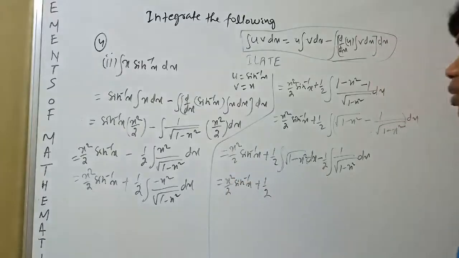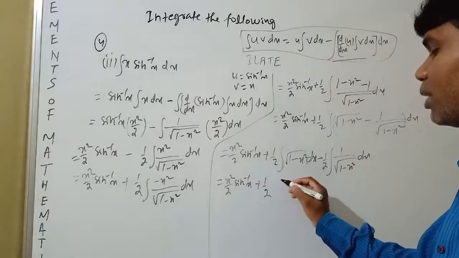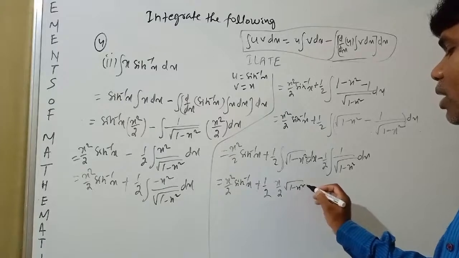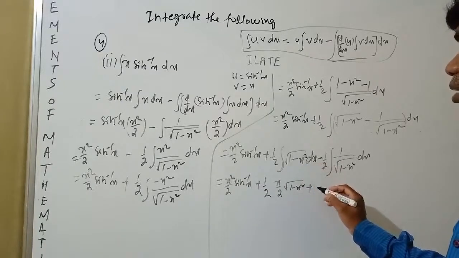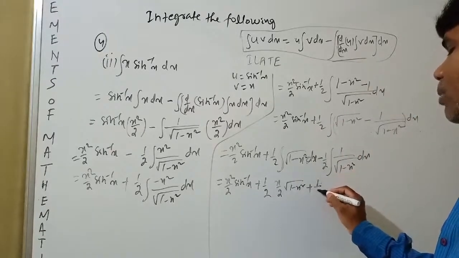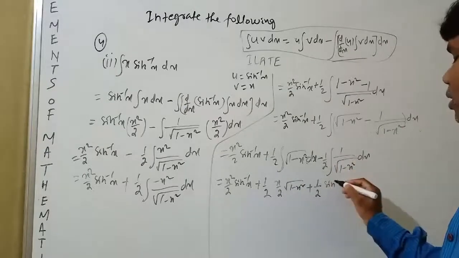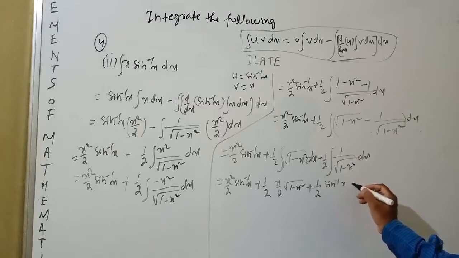The integration of root over 1 minus x square dx is x by 2 root over 1 minus x square plus a square by 2 sine inverse x by a, where a is equal to 1 here, so a square by 2 is 1 by 2 sine inverse x by 1, that is only x.